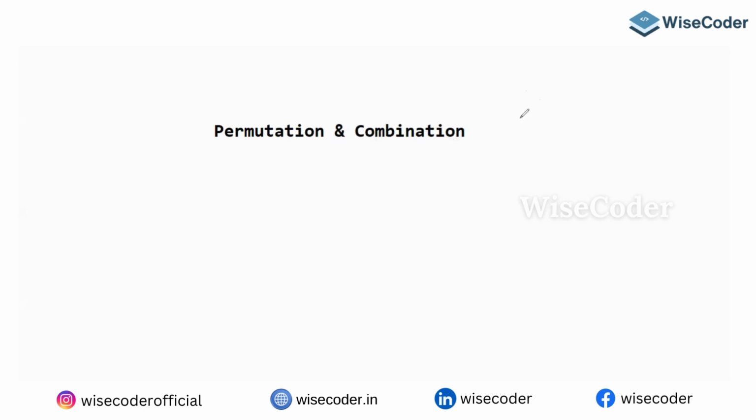Out of 5 men and 6 women, in how many ways can a committee of 2 men and 3 women be selected?